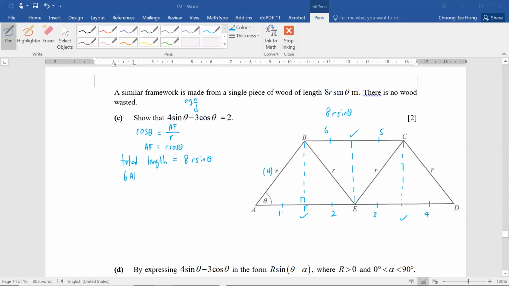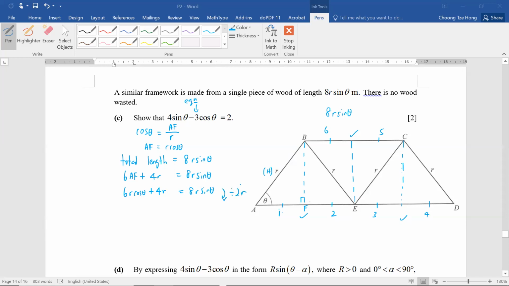So 6 times AF plus 4R will give us 8R sine theta. AF is R cosine theta, so 6 of it will be 6R cosine theta plus 4R equals 8R sine theta. From here you can see that we can simplify by dividing by 2R.